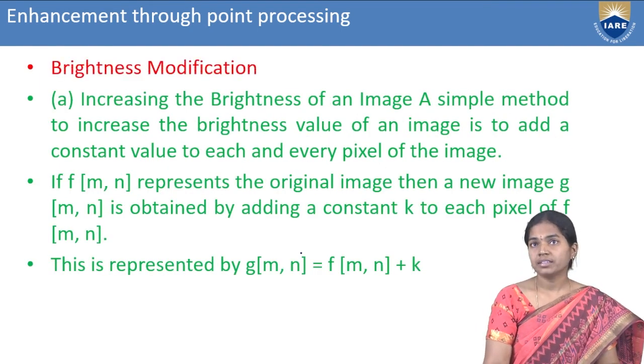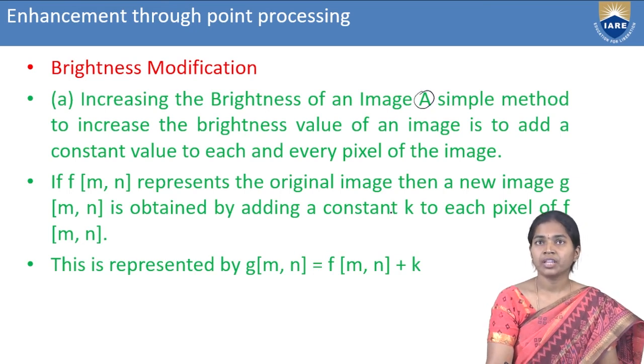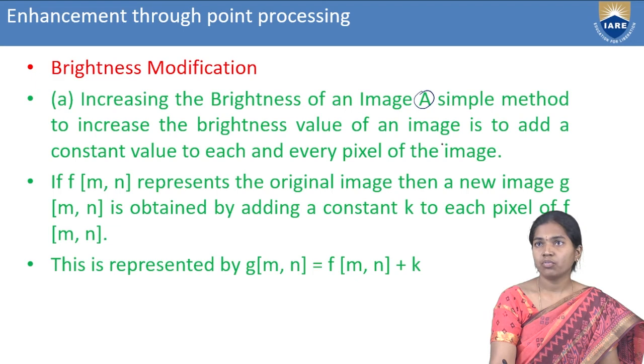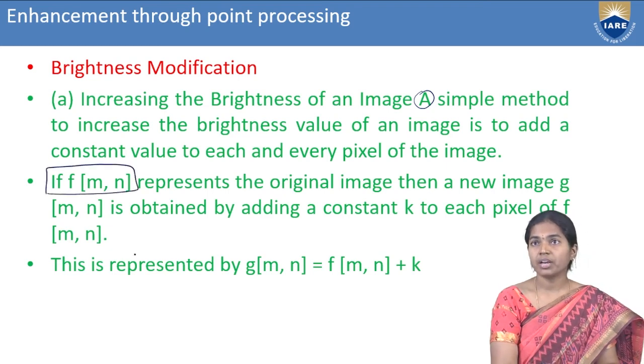Here, increasing the brightness of the image we represent with sample A. To increase the brightness value of an image, add some constant value to each and every pixel.